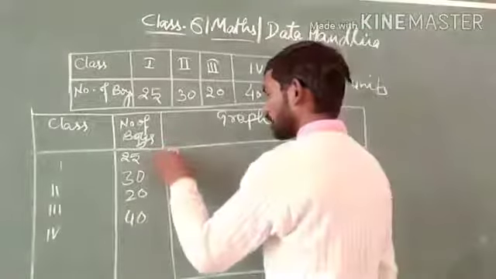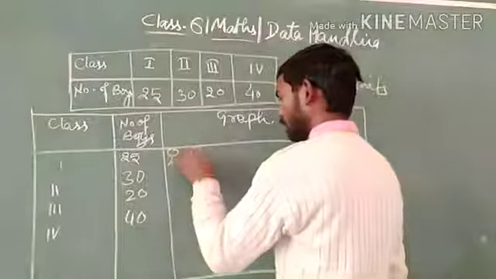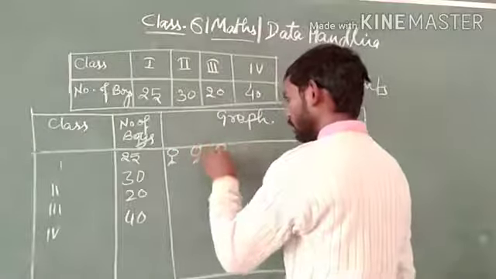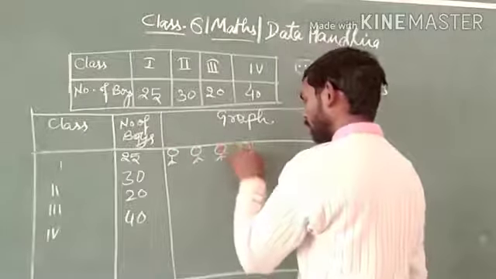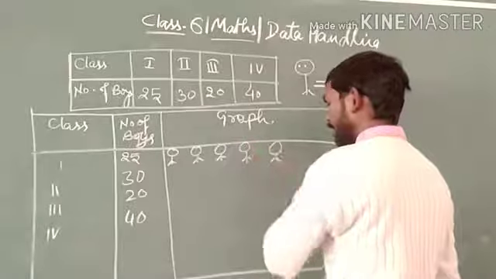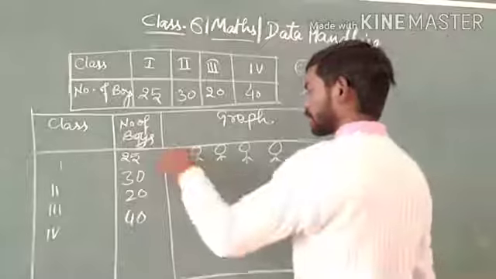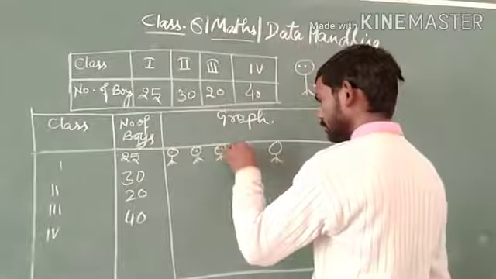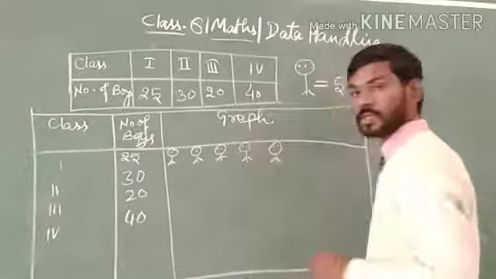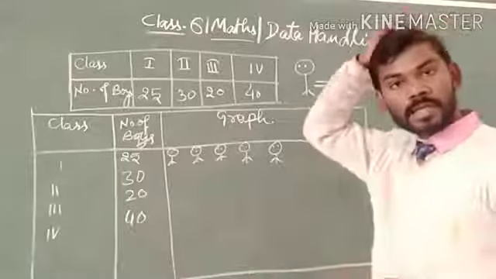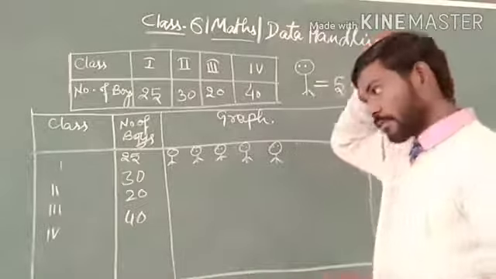So here we draw 1, 2, 3, 4 and 5. These represent the number of boys in class first.